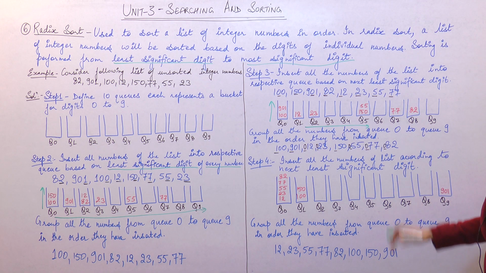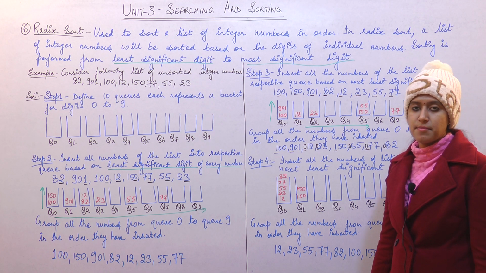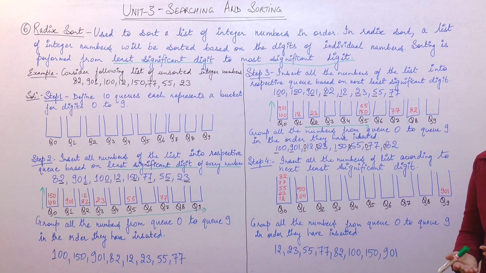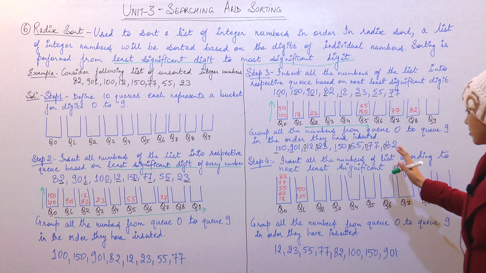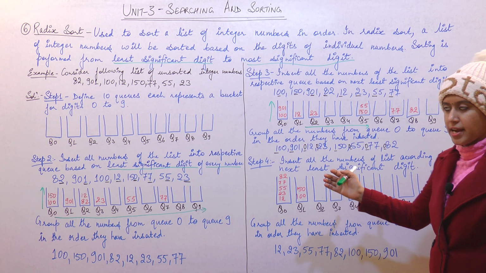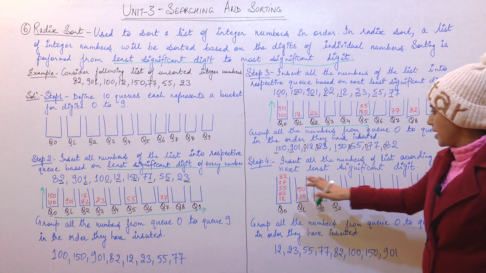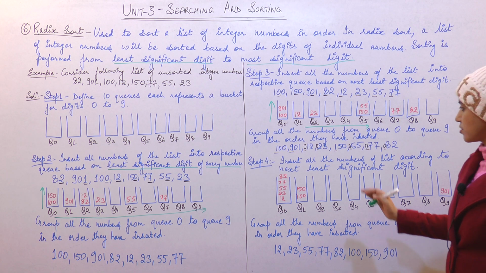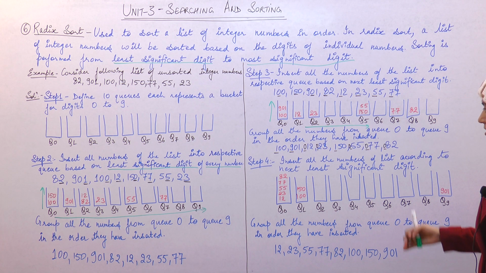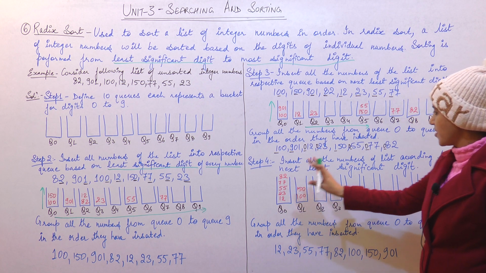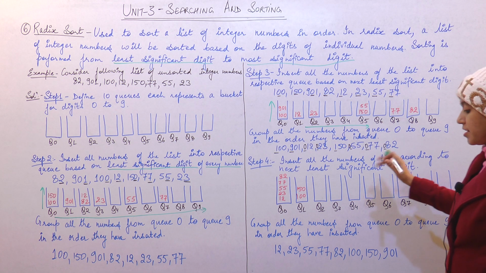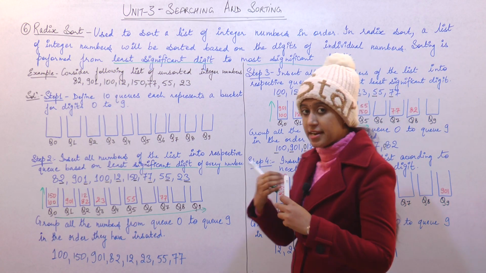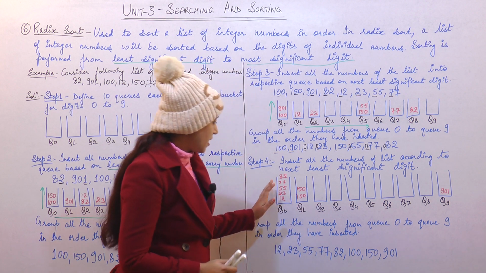Then comes 82, 82 is also a 2-digit number and we are assuming 0 before 8 to make it a 3-digit number, and according to this 0, 82 will be inserted in Q0 bucket. Now after inserting all these numbers according to the digit at hundreds place, we have inserted all these numbers.